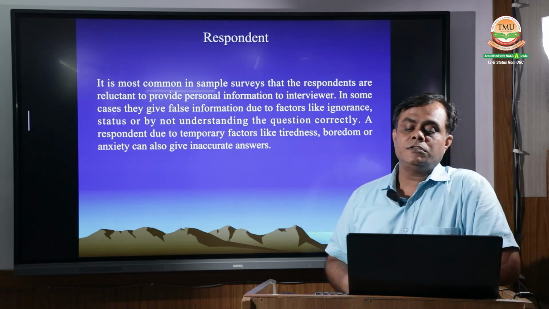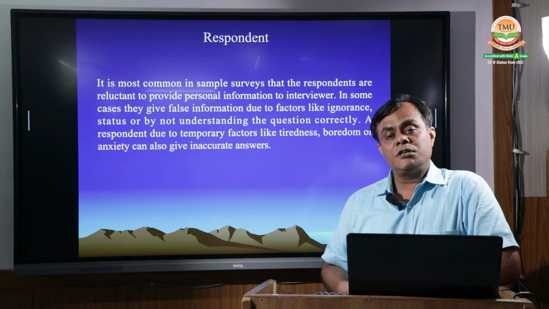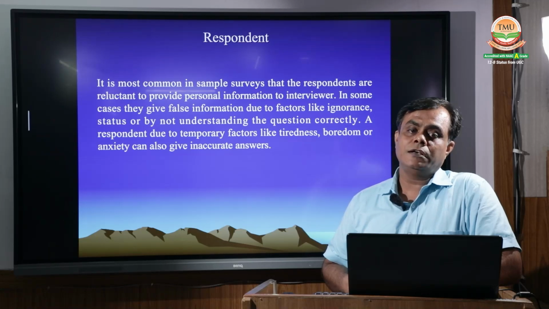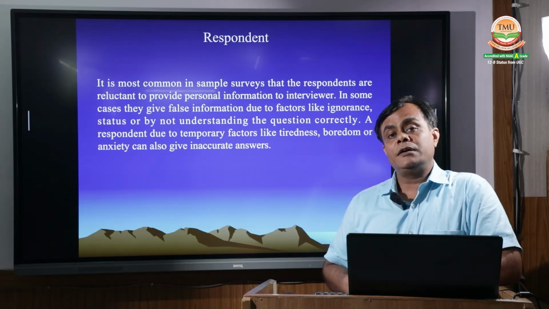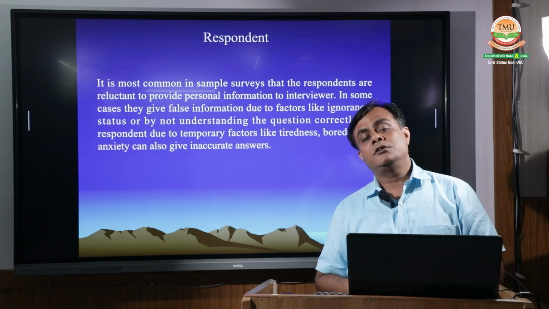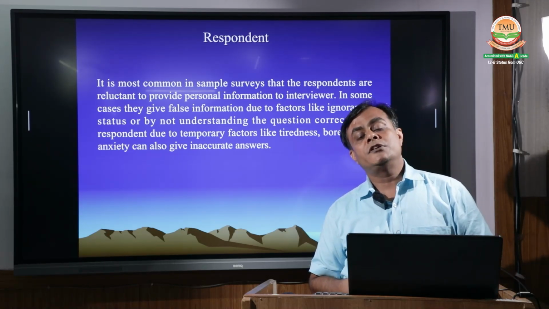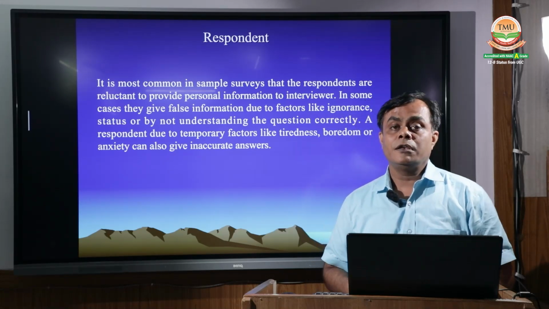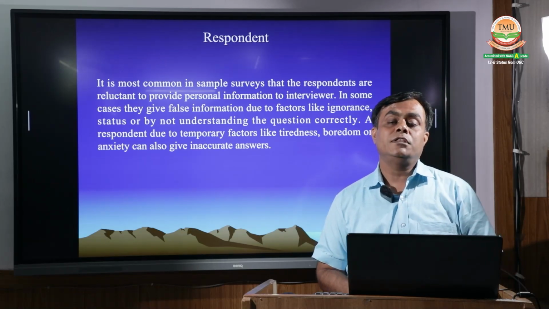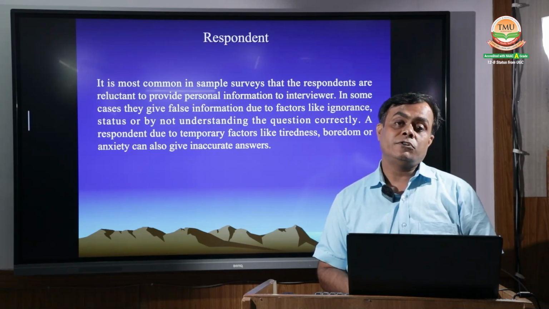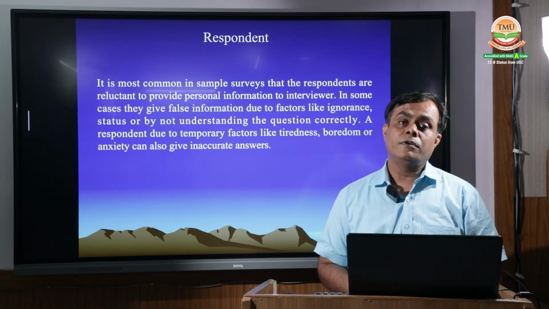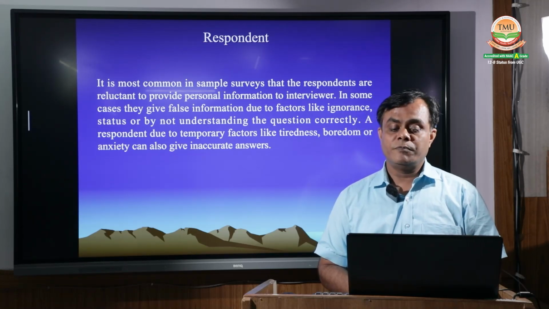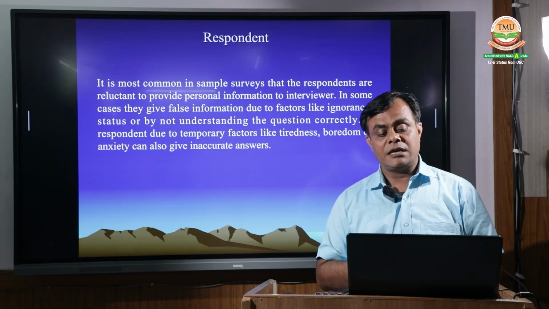So respondent error is related to ignorance on the respondent's side, or sometimes to status-related questions where the respondent does not want to reveal their status, and by this reason the error comes. And sometimes the respondent is not able to understand the question properly, and due to that they do not respond properly to a particular question, and the error comes into the measurement and into the research.